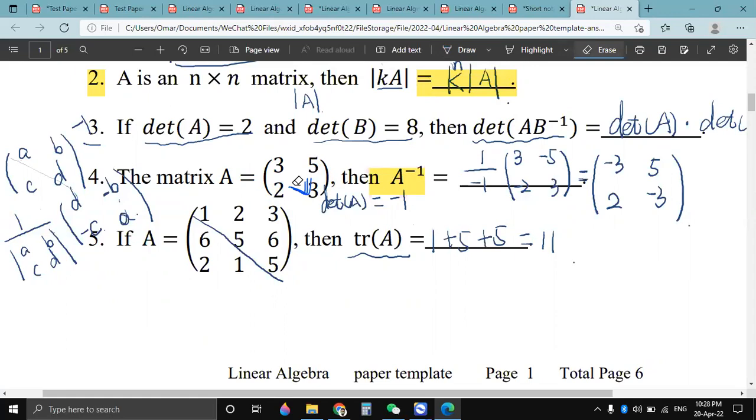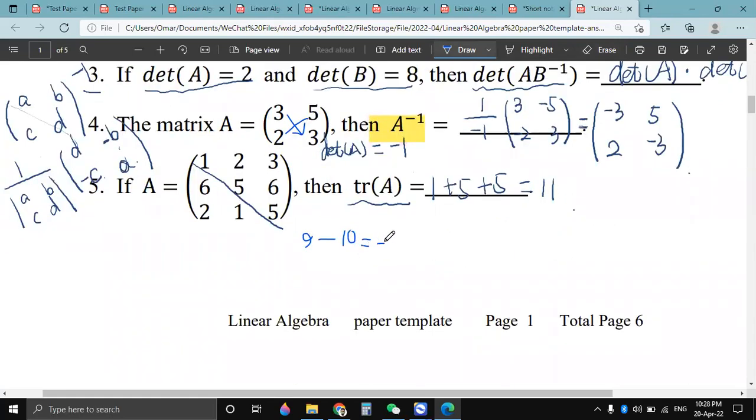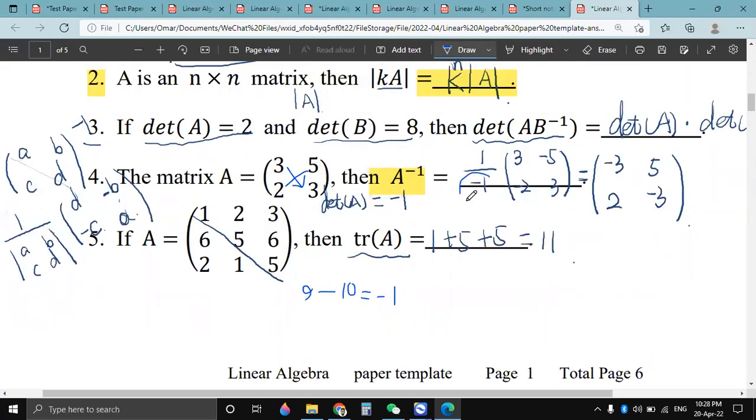So the first corner here is 3 multiplied by 3, that is 9, and then minus 5 multiplied by 2, that is 10. So 9 minus 10 will be minus 1, right? So that's why Laushi has written here minus 1.